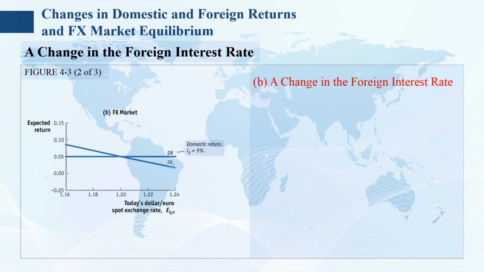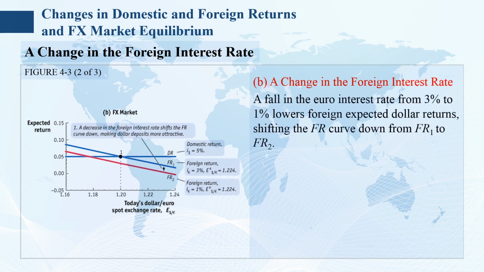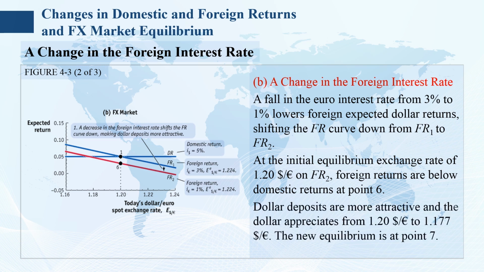Let's look at a change in the foreign interest rate. In figure 4.3, panel B, a fall in the euro interest rate from 3% to 1% lowers foreign expected dollar returns, shifting the FR curve down from FR1 to FR2.